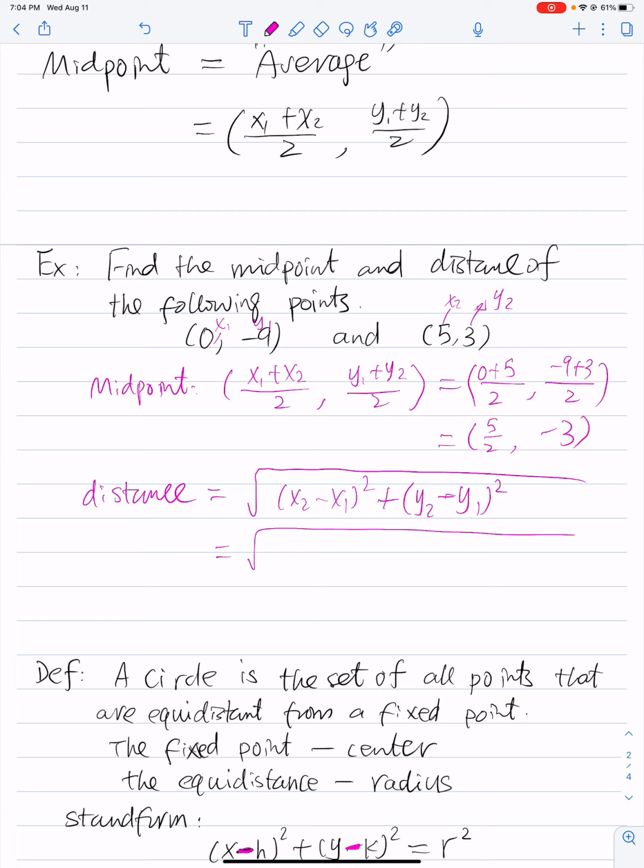What do you have? 5 minus 0 squared plus 3 minus negative 9 squared. So we have 5 squared plus 12 squared. This is 25 plus 144, which is 169, and the square root is 13.